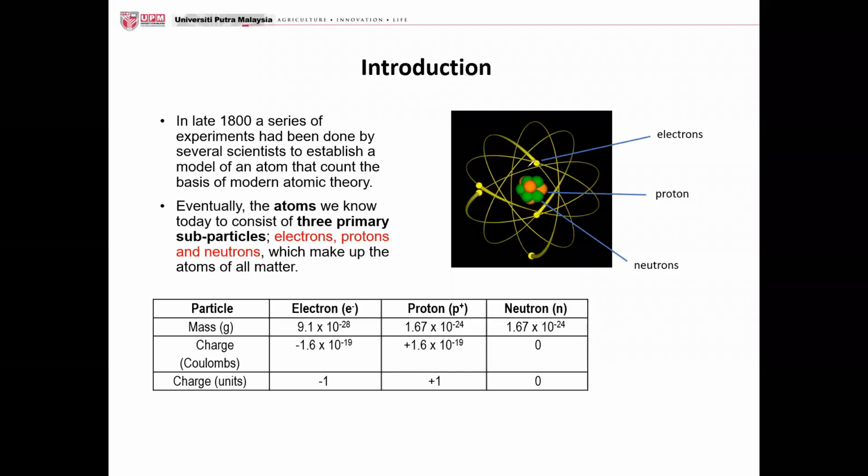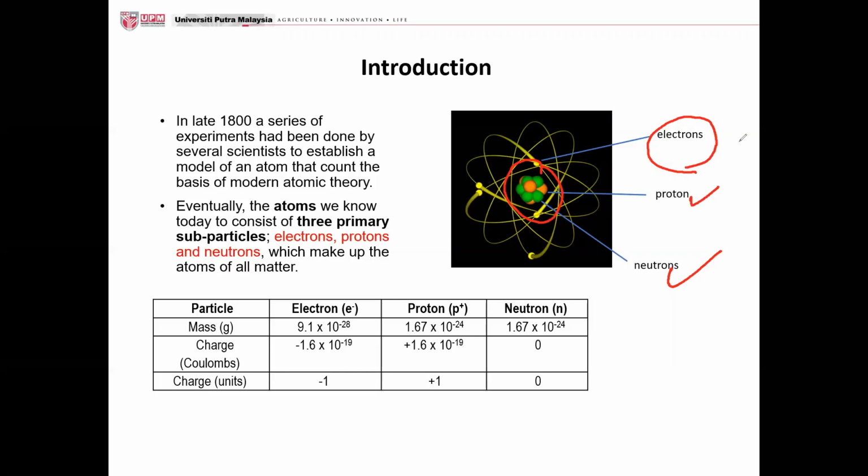In the center of the atom, we have the nucleus. Inside the nucleus, we have two tiny particles called proton and neutron. Outside of the nucleus, we have electrons. These electrons move around the nucleus in orbitals at high speed.